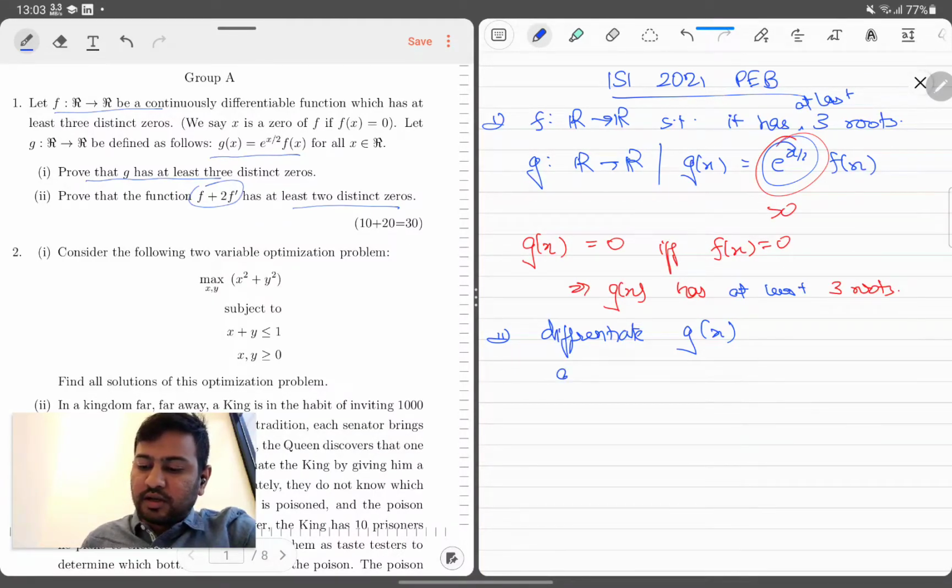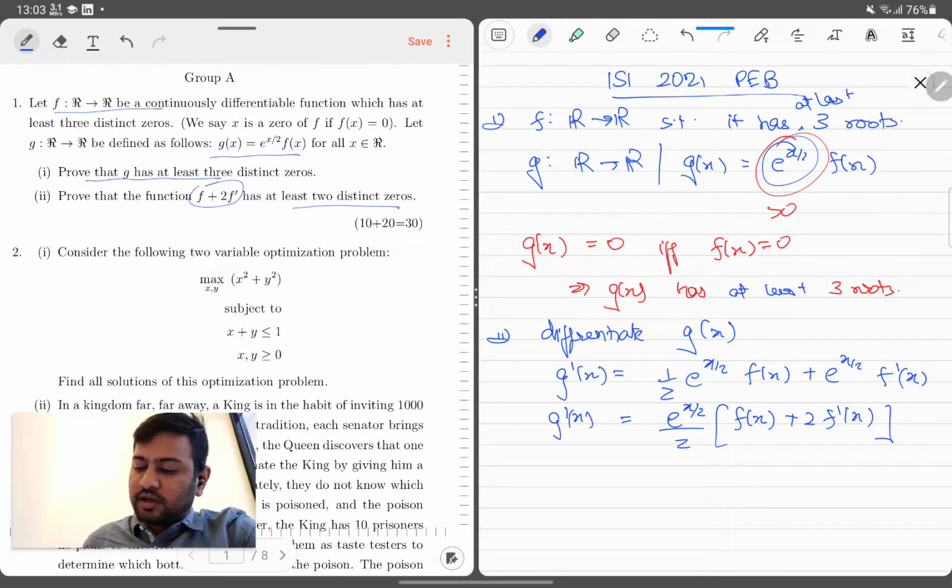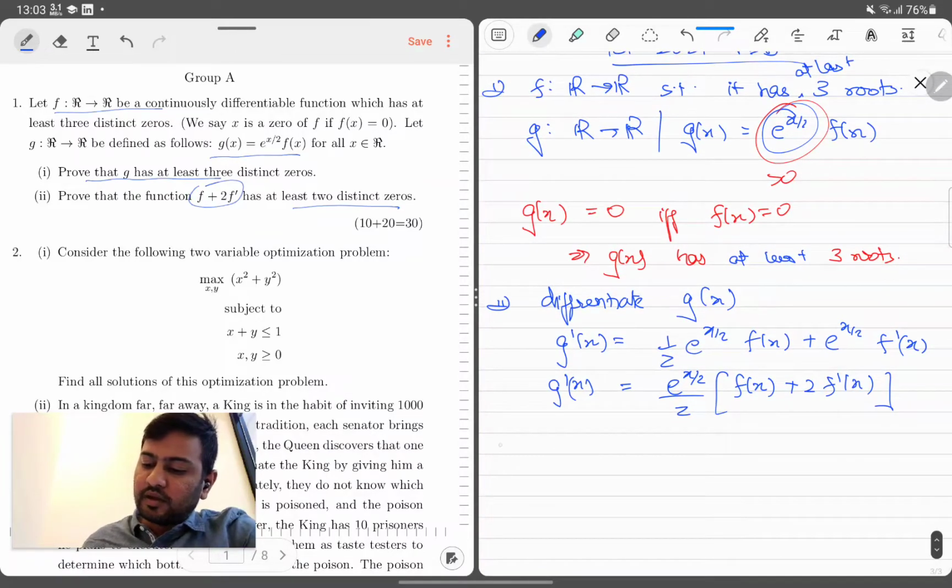So what we get is g prime of x is equal to half e to power x by 2 f of x plus e to power x by 2 f prime of x, which is basically e to power x by 2 upon 2 into f of x plus twice f prime of x. So this is my g prime of x.